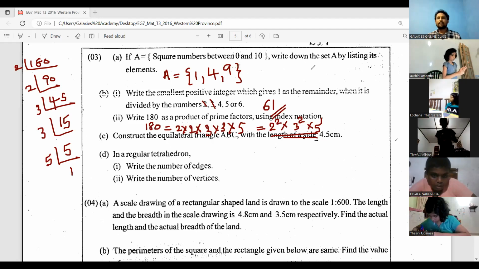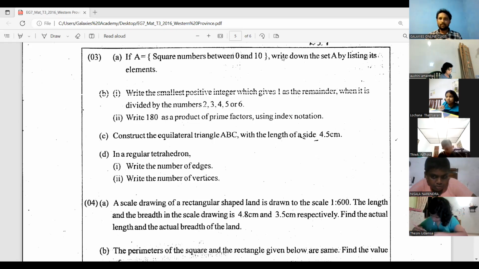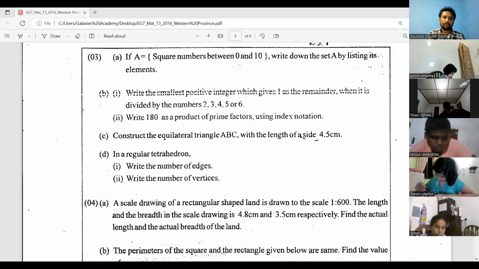Right. I will clean the screen now. First, you draw a 4.5 centimeter length line.